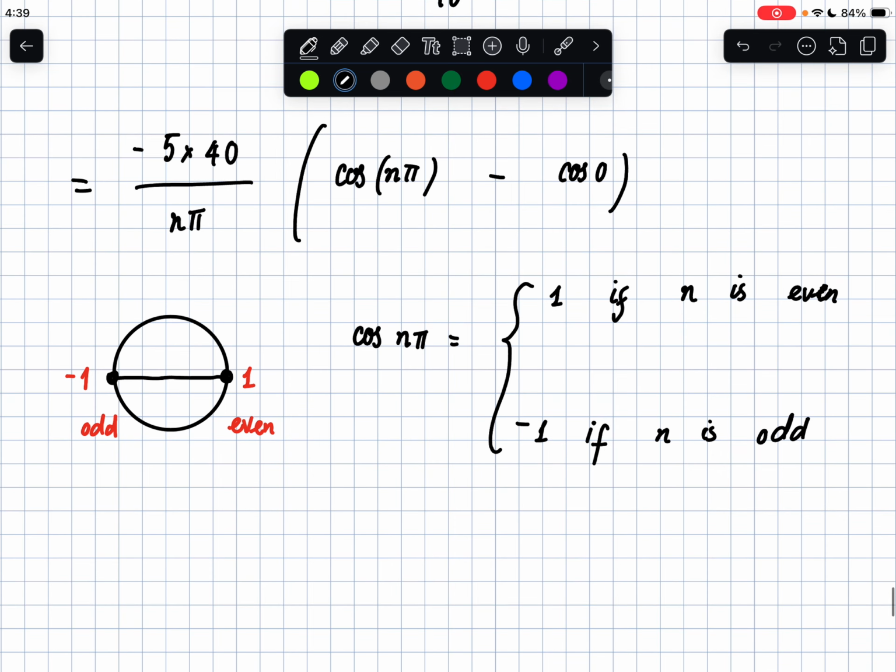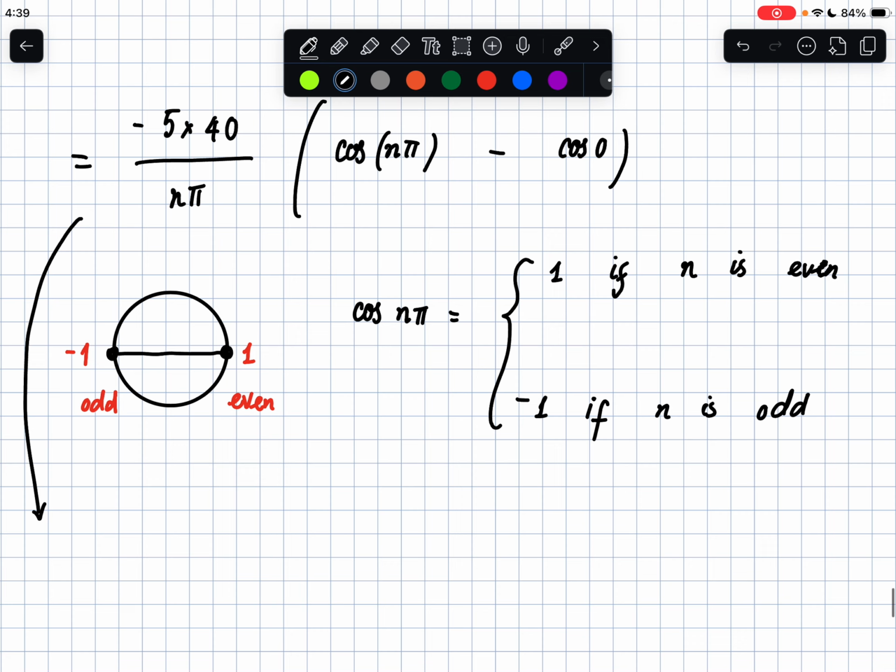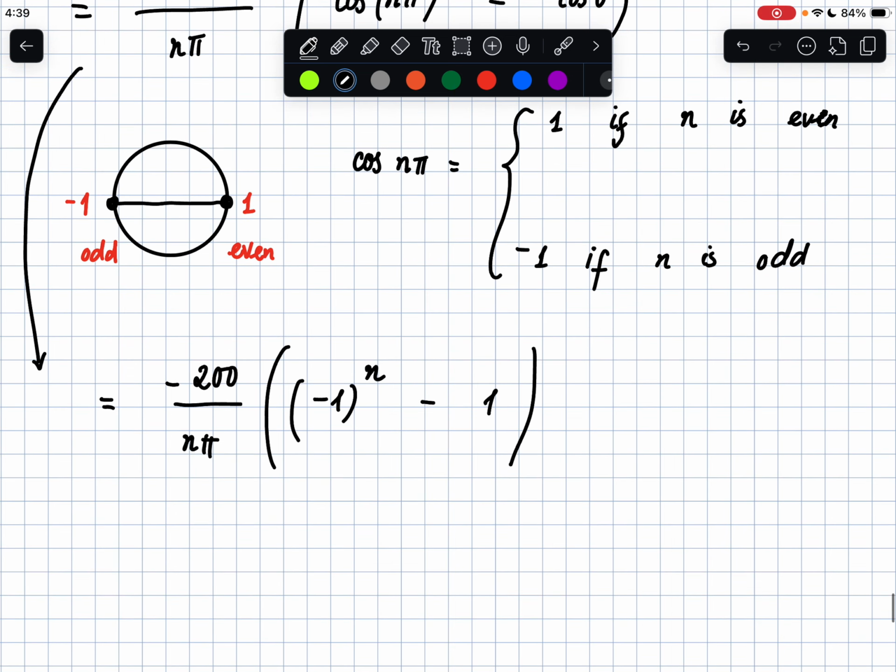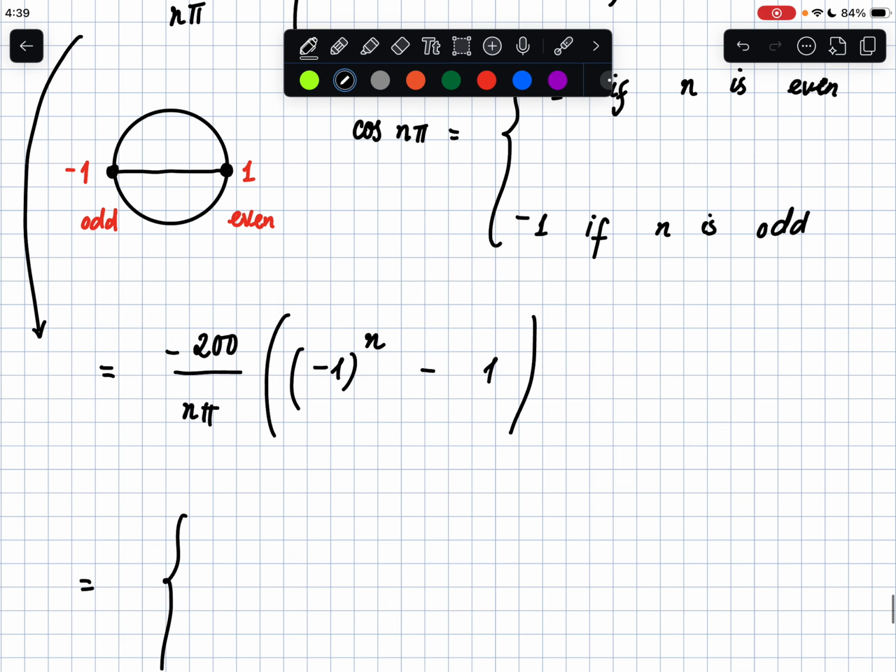And with that, you have minus 200 over n pi multiplied by (minus 1) to the power n minus 1. You can write it like this, or you can write it as two cases.